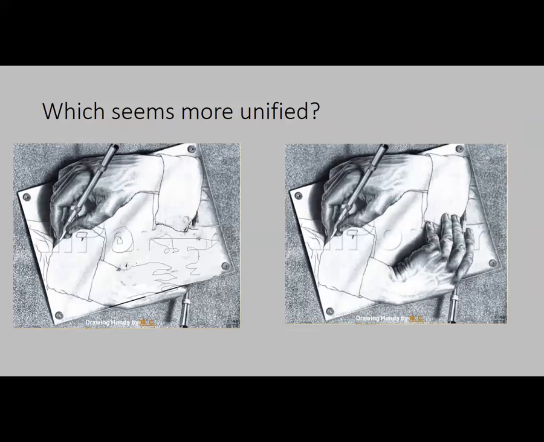Now, for unity, for one thing, you need to have an even distribution of basic formal elements. So in this image, there's an equal distribution of a couple of things. This curve of this hand, this curve of this hand, so we're following these curves around.